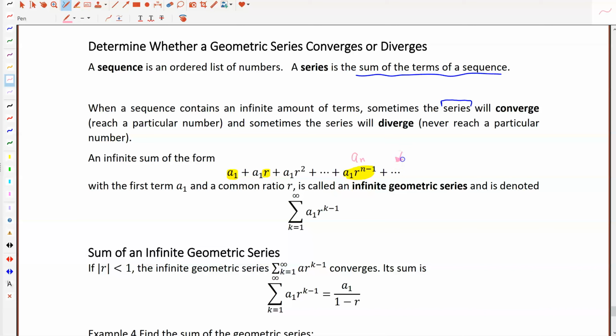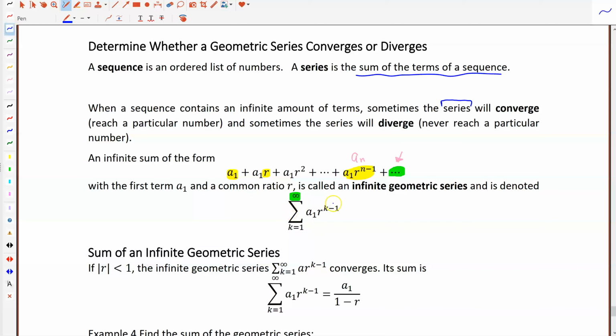You're not going to stop at an nth term, you're just going to keep on adding a bunch of stuff. We can connect that back to our summation notation, but the key thing is because this keeps going on, my upper index is going to be positive infinity. So I'll still start my count at k is equal to 1, but as opposed to counting through a particular value n, we're just going to keep on going. Forever. We're never going to stop.